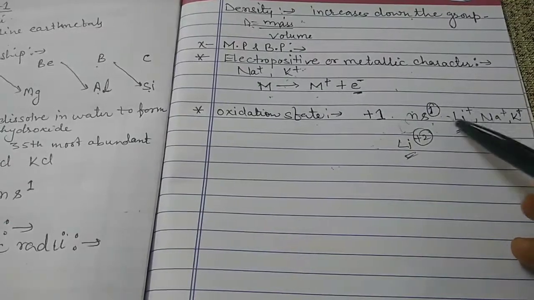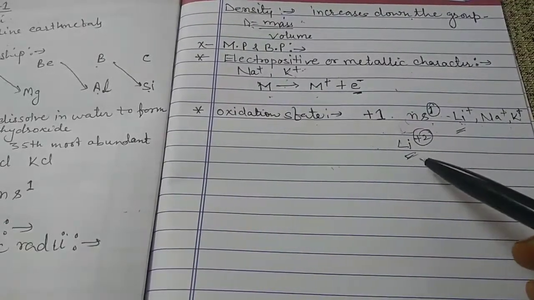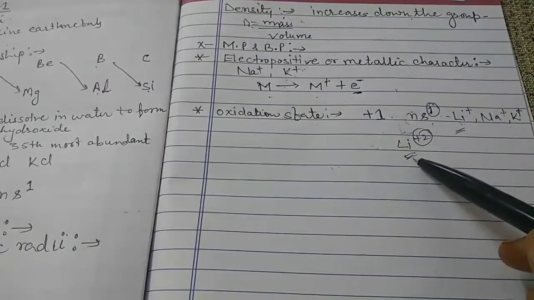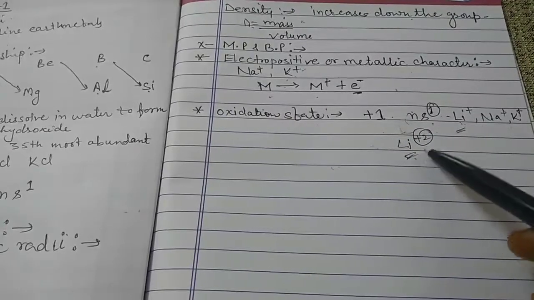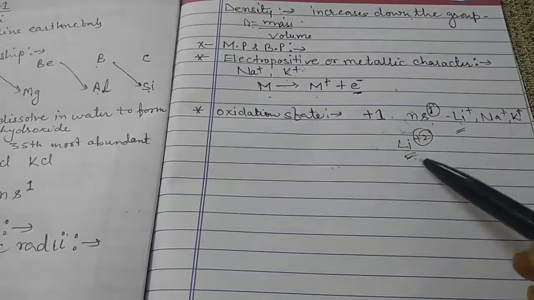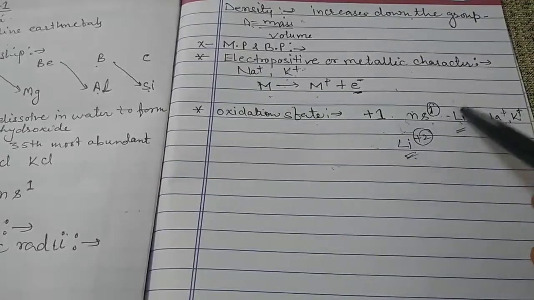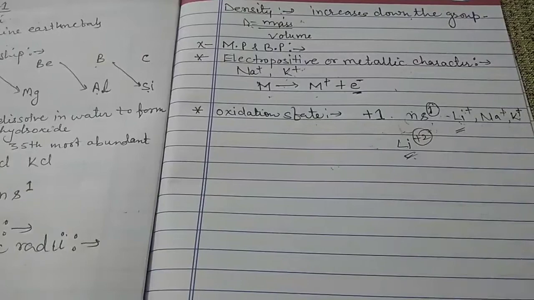It is very easy to lose 1 electron, but very tough to lose 2 electrons, because the second ionization enthalpy is very high. Thus alkali metals are univalent and they all form ionic compounds.